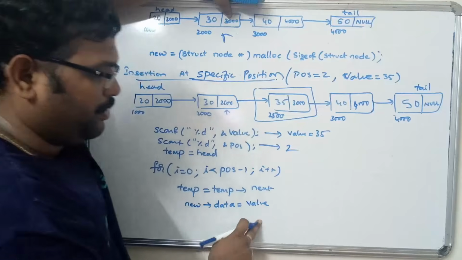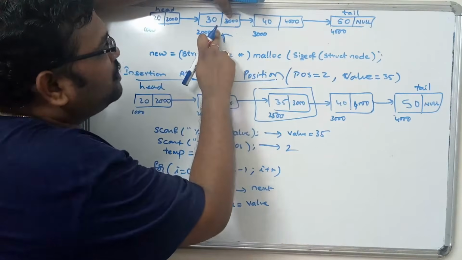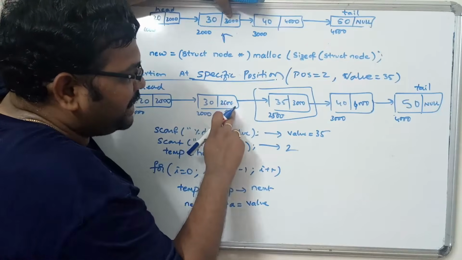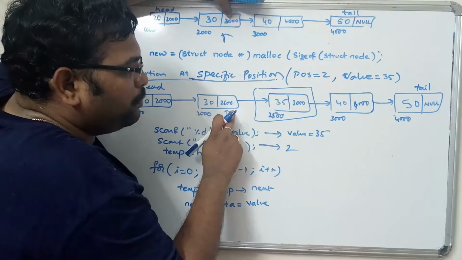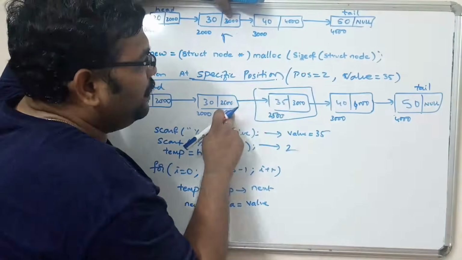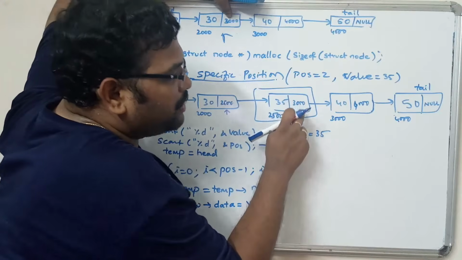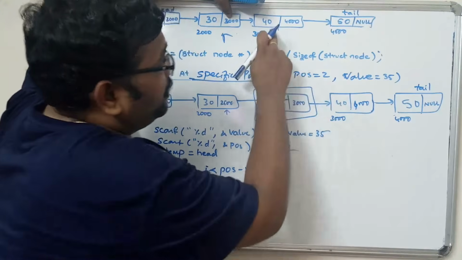Now next, in the second field of node 30, it should be the address of the new node, right? And in the second field of the new node, it should be the address of the next node, that means 40.